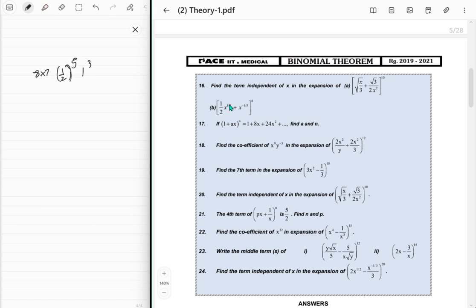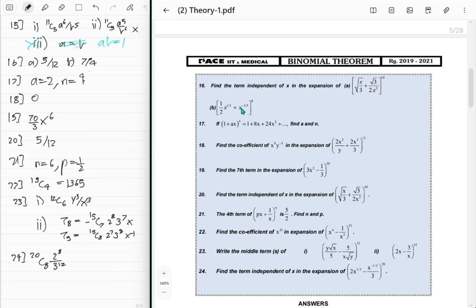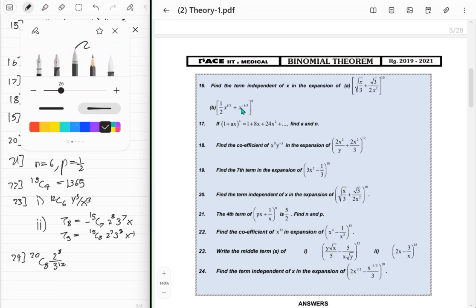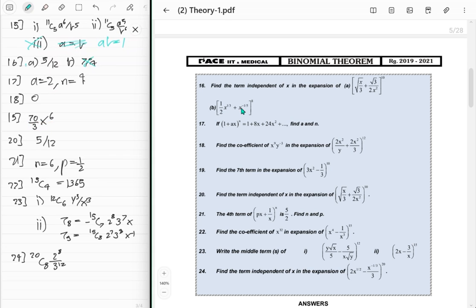Oh, it's supposed to be power 3 and power 5 because you want the fifth term, right? So r is equal to 5, the sixth term. That's why 1 power 5 and not 1 upon 2 power 5. Okay, so that's why this went wrong. So B was wrong and this was correct. I'm making unusually hard mistakes today.